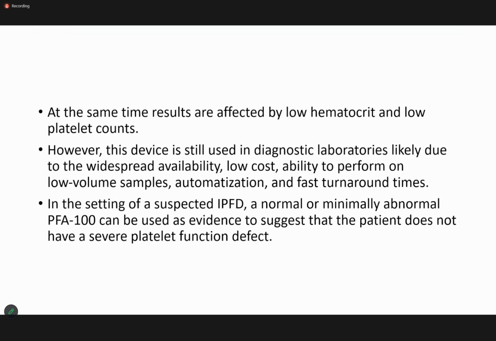Okay. And at the same time, the result will be affected by low hematocrit and low platelet counts. Okay. However, this device is still used in diagnostic laboratories because of its widespread availability, low cost, ability to perform on low volume samples, and its automation and fast turnaround time.